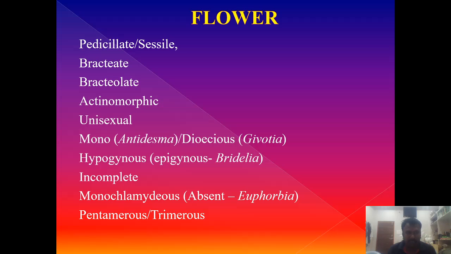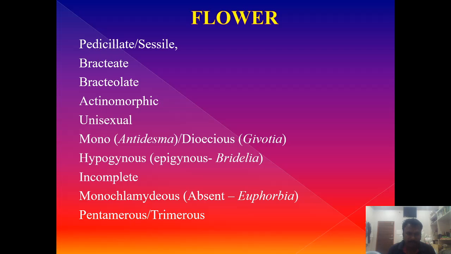The flower characters: flower pedicellate or sessile, bracteate, bracteolate, actinomorphic, unisexual, monoecious in Antidesma, dioecious in Gynocardia, hypogynous, epigynous in Bradleia. Incomplete flowers, monochlamydeous.